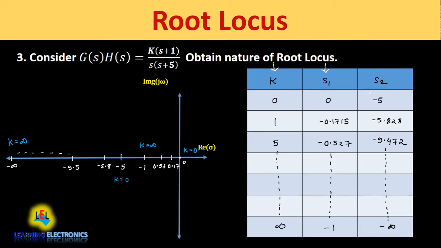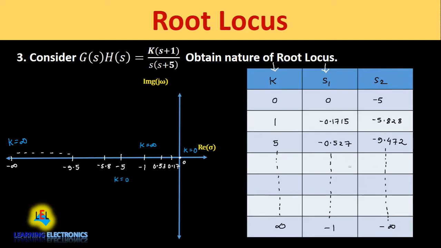And when we put k is equal to 0 in s2's equation, we will get s2 is equal to minus 5. For k is equal to 1, we get s2 is equal to minus 5.828, and for k is equal to 5, we get s2 is equal to minus 9.472. Similarly, for k is equal to infinity, we get s2 is equal to minus infinity.